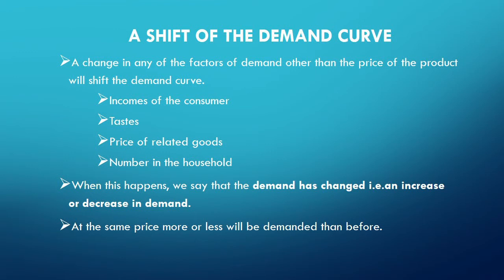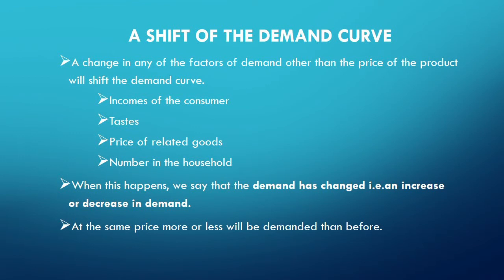When there is a change in any of the factors of demand other than the price of the product, there will be a shift of the demand curve. A change in any of the factors of demand other than the price of the product will shift the demand curve. The demand curve will either shift to the right or to the left.